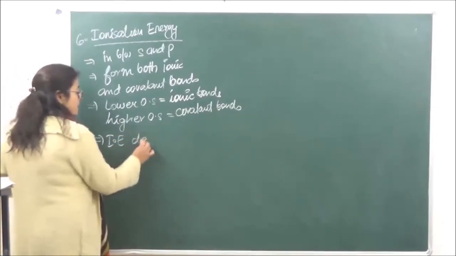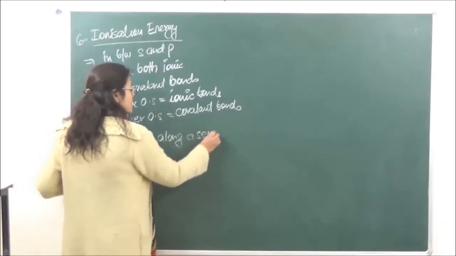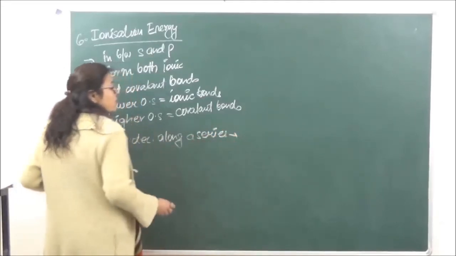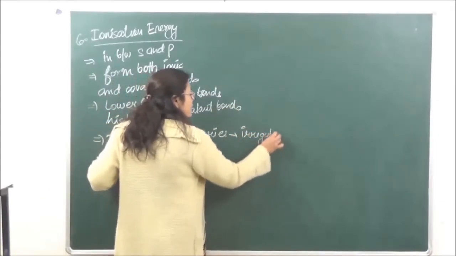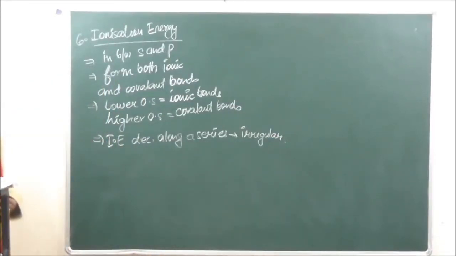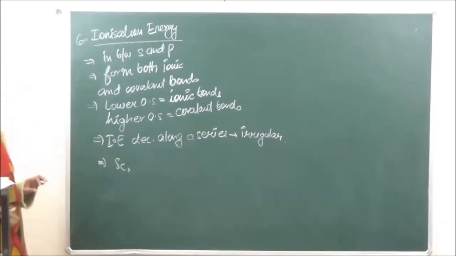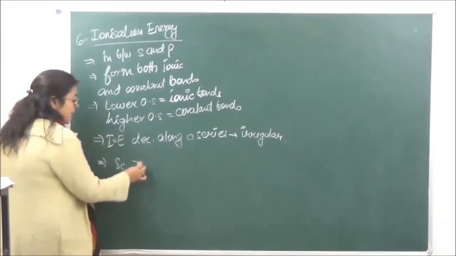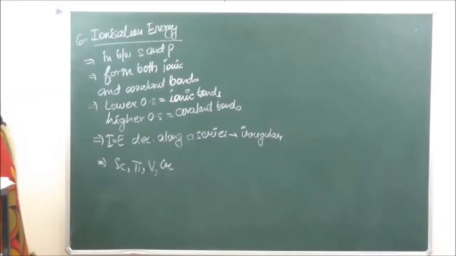Ionization energy decreases along a series. Although the change is going to be quite irregular because of irregularities in their sizes. Now, the ionization energies of scandium, titanium, vanadium and chromium are close to one another.